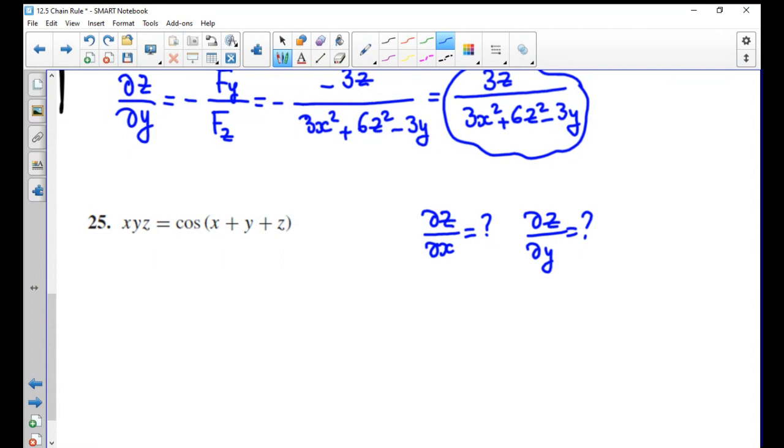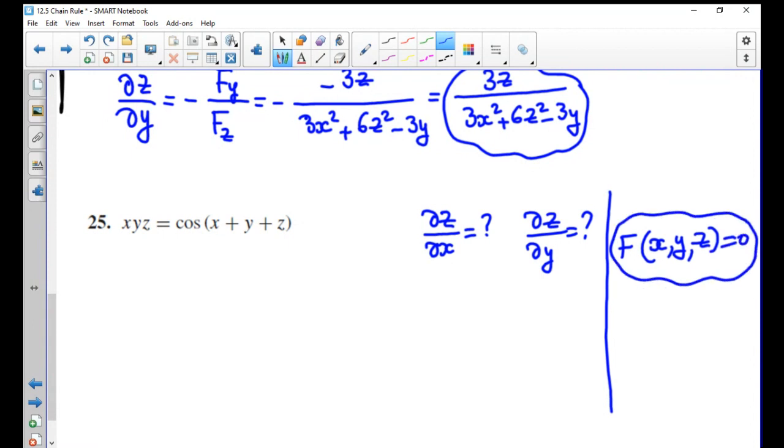Before we use the rule, you always need to write the equation in the form f(x,y,z) equal to 0. So basically, you can move the cosine to the other side and get your equation in this form. First you need to do this, then you need to use the rule.